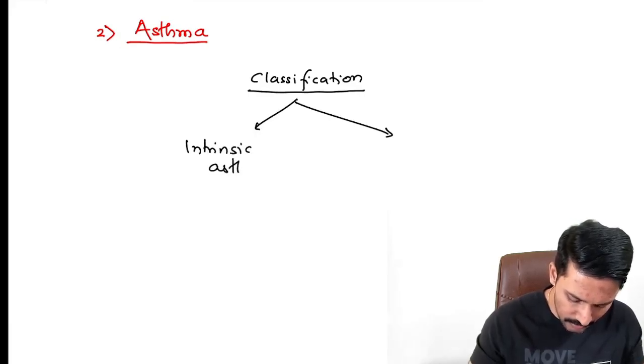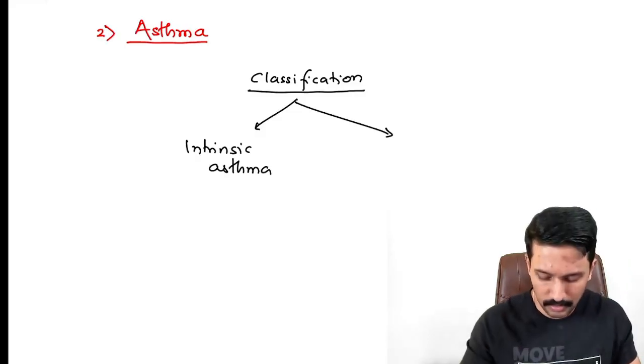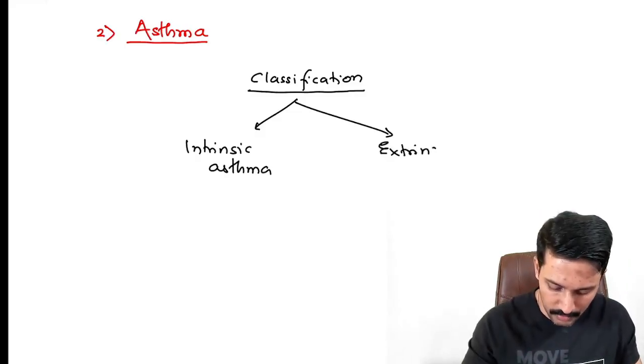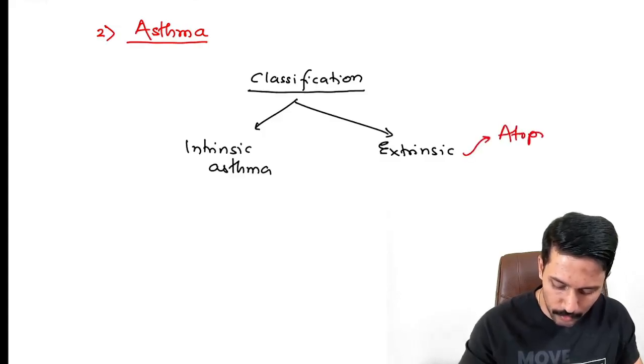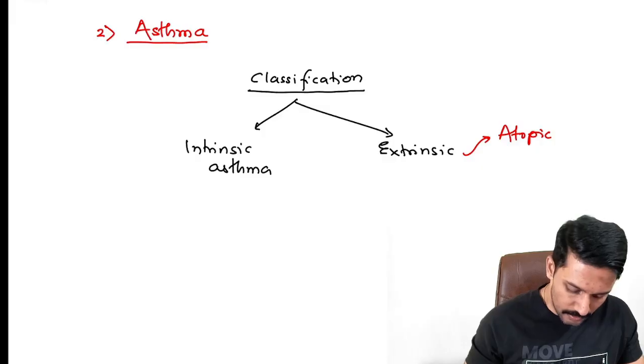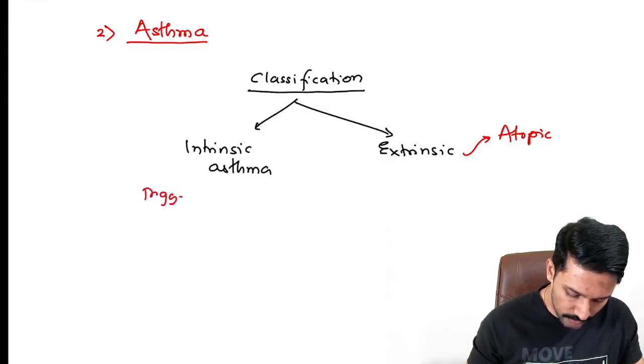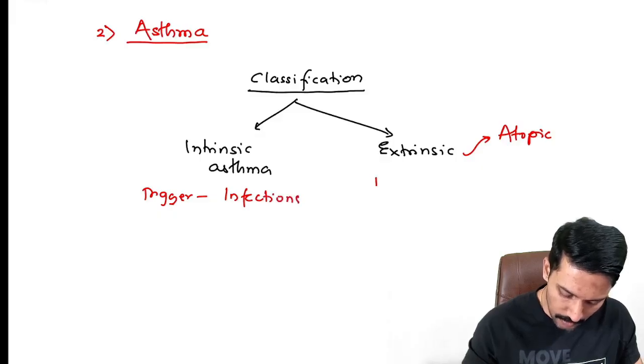Intrinsic asthma, the trigger is inside the body, usually infections, and when it comes to extrinsic asthma, allergies are the trigger. Extrinsic asthma is also called atopic asthma, right? So the trigger for intrinsic asthma is usually infections, but the triggers for extrinsic asthma are allergens.